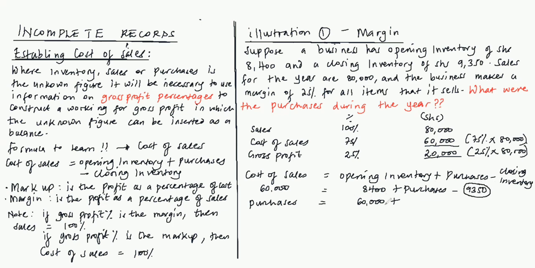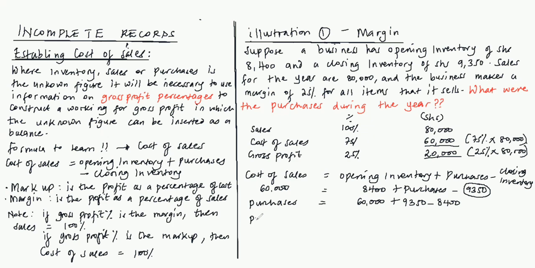So the moment it crosses the equal sign, it becomes a positive, so plus 9,350, less our opening inventory, a positive that now turns to be a negative, so it will be a minus.